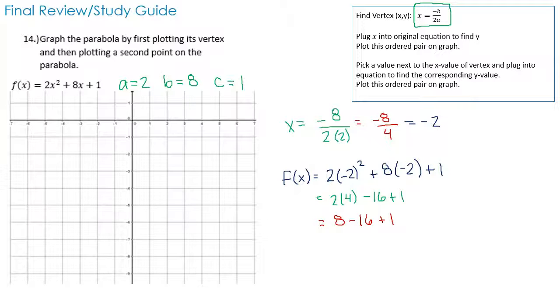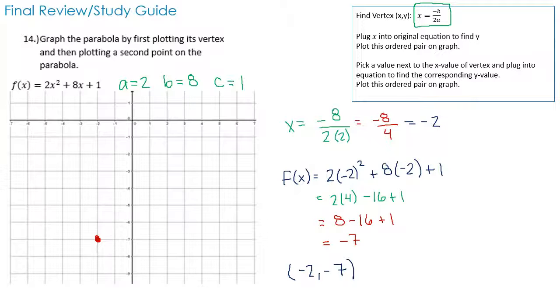So 8 minus 16 is going to give us negative 8 plus 1 is going to give us negative 7. So our vertex ordered pair is then negative 2, negative 7. We can go ahead and plot that point. So we go to the left 2 and down 7 and plot our point. So now this is going to be the lowest point of our graph.